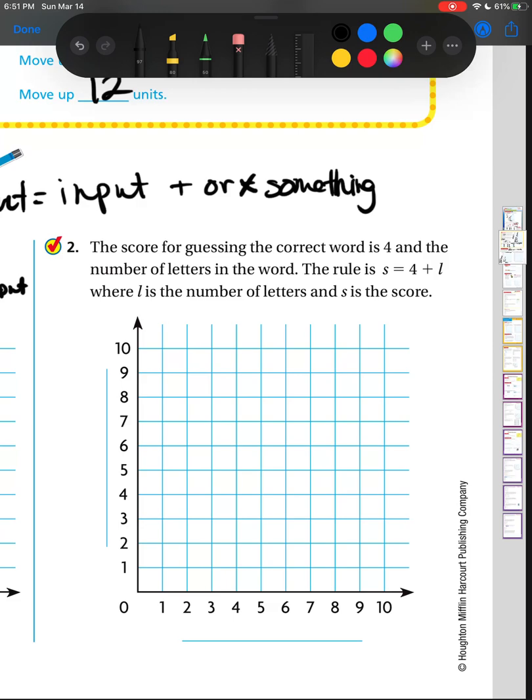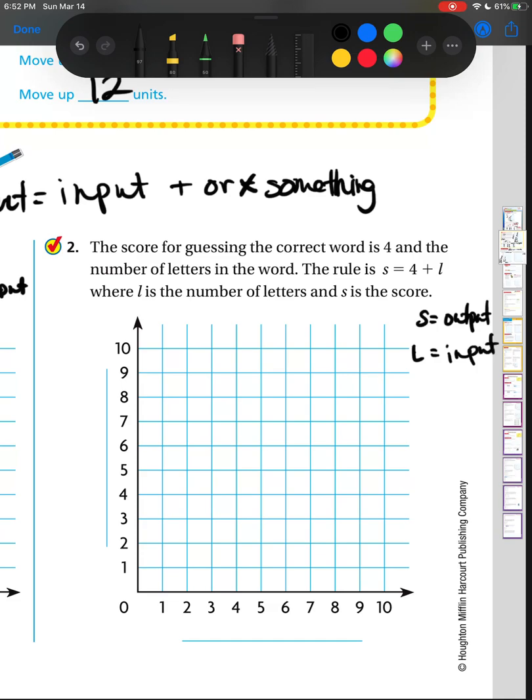All right, let's try our last one. The score for guessing the correct word is 4 and the number of letters in the word. The rule is S is equal to 4 plus L, where L is the number of letters and S is the score. All right, let's figure out what our input and output is. Well, it's equal to our score, right? So S, which is our score, would be our output. And L, which is in the problem, would be our input, right?